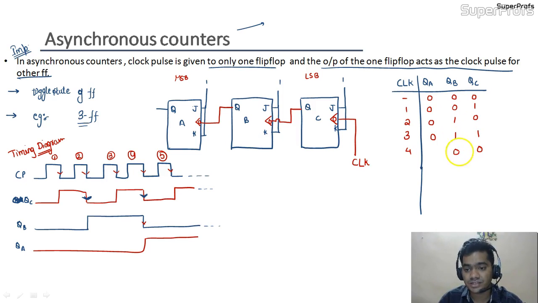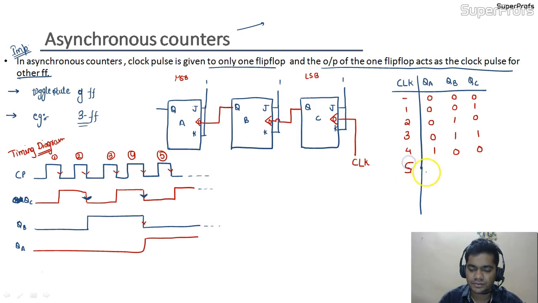And as QB also has a falling edge, QA would also change and be toggled from 0 to 1. Why is toggling happening? Because, students, the J and K inputs are applied at 1. So whenever proper triggering is available, the output would be toggled. So after the fourth clock pulse, we have QA as 1, QB as 0 and QC as 0.